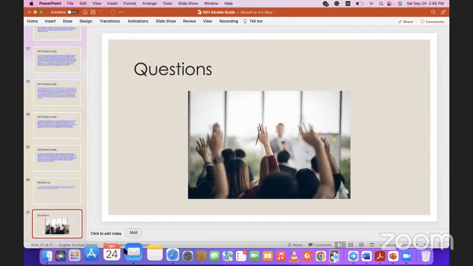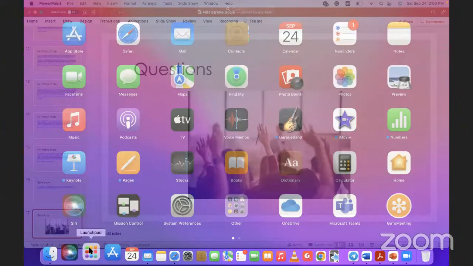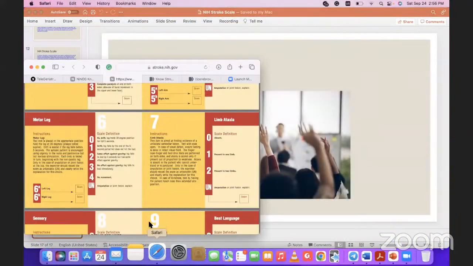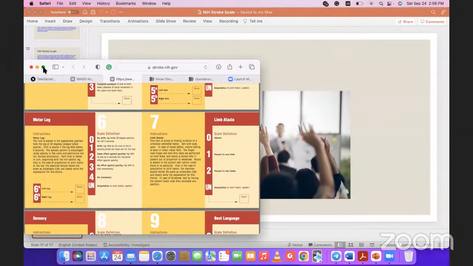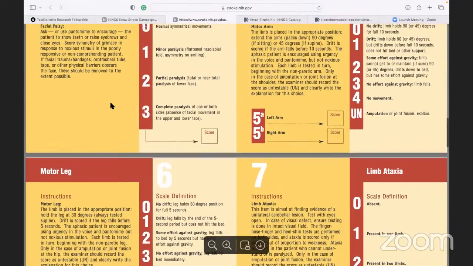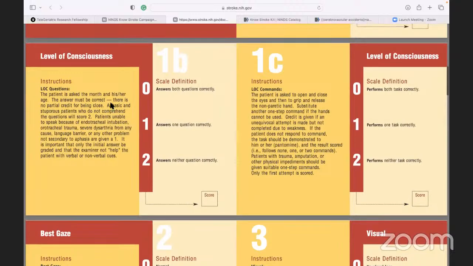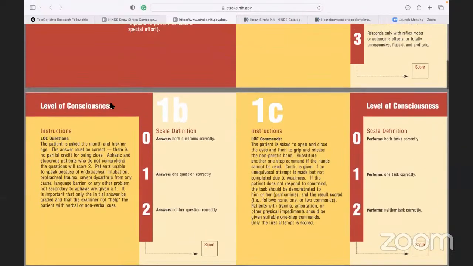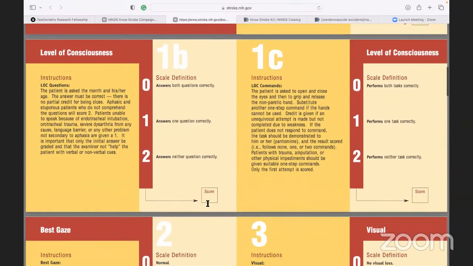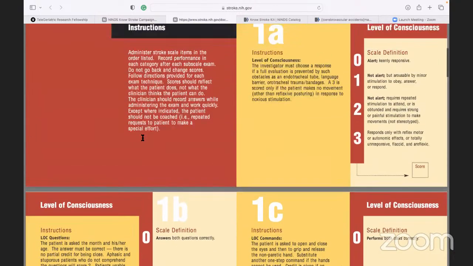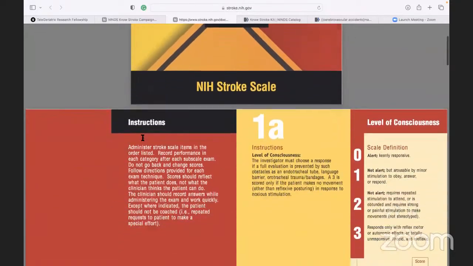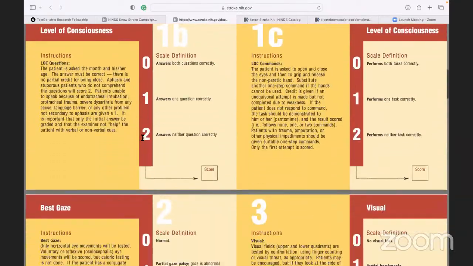On the website, or the link given by Dr. Nader, there is a good sheet. All these steps are clear here, and there is also one place for the score and how to do this evaluation for all the steps.